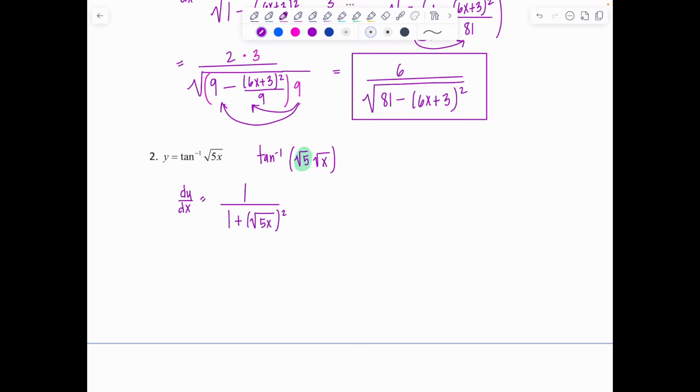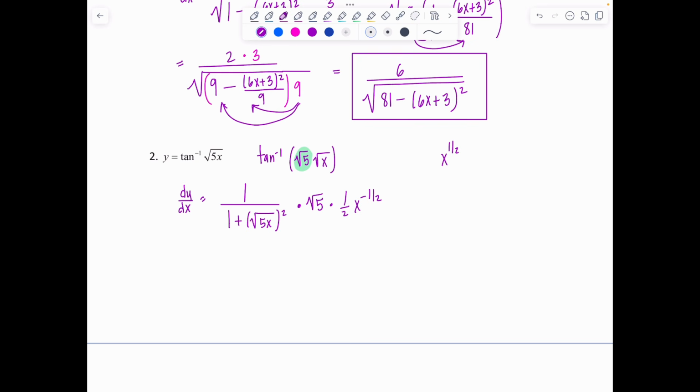Then I have to do chain rule, multiply by the derivative of the something. So derivative of square root of 5 times square root of x. Square root of 5 is just a constant. Leave it alone. Derivative of square root of x. Remember, it's x to the 1/2. So it would be 1/2 x to the negative 1/2.